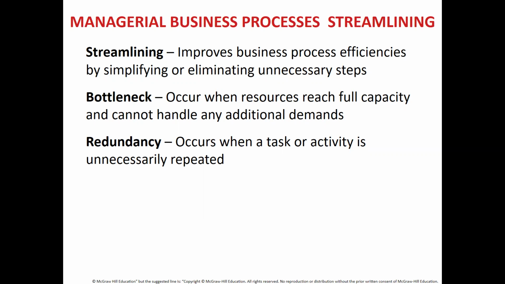Redundancy occurs when a task or activity is unnecessarily repeated. Redundancy is a simple English word which means you try to repeat something. So in this case, it is the repetition of tasks. Example, the item is packed. The person who's packing checks it.